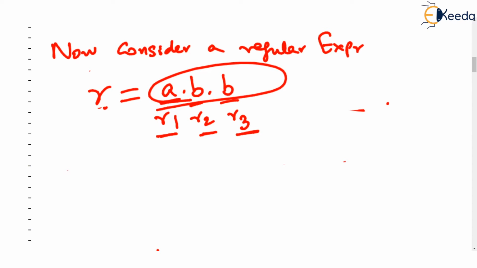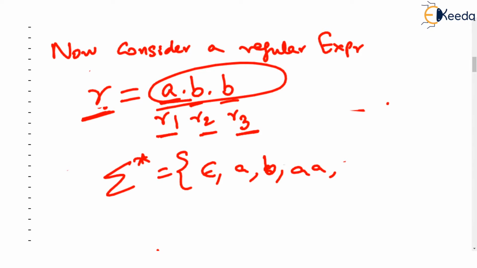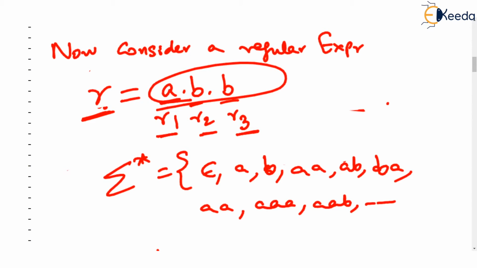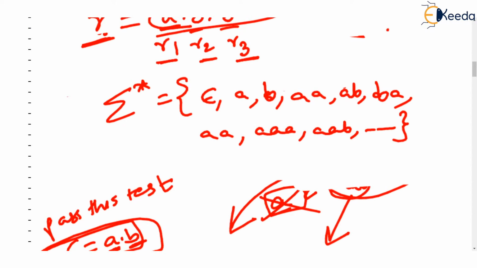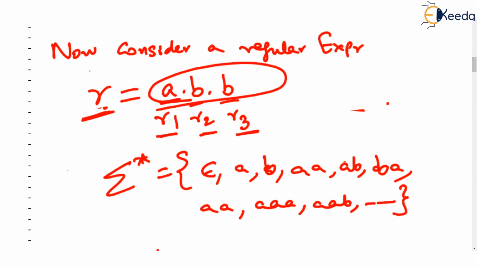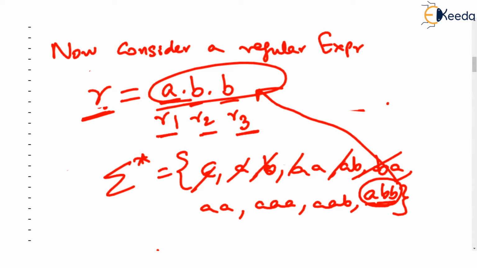So what does this regular expression indicate? Given a sigma star which contains all the strings which can be made using A and B, these are the strings, which can be made using A and B. This is an infinite set. Then only one string will be accepted out of all this, which is indeed ABB. Only ABB will match this, but the rest of the strings will be rejected by this regular expression.